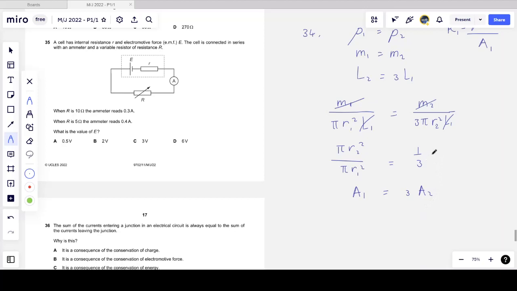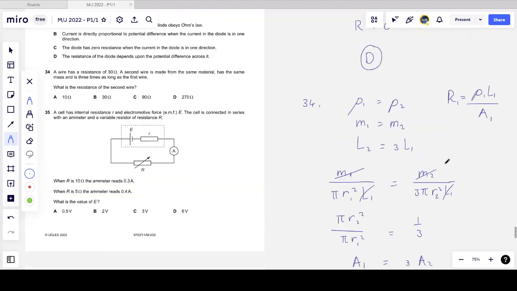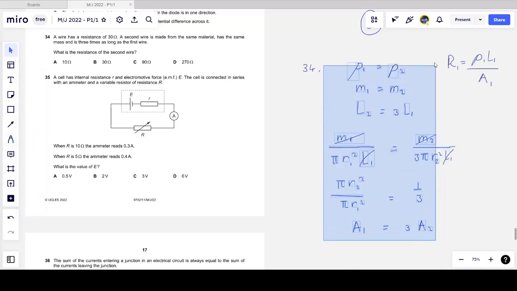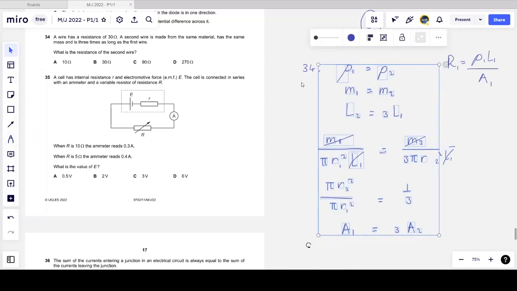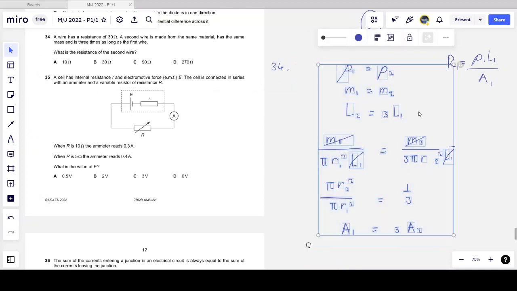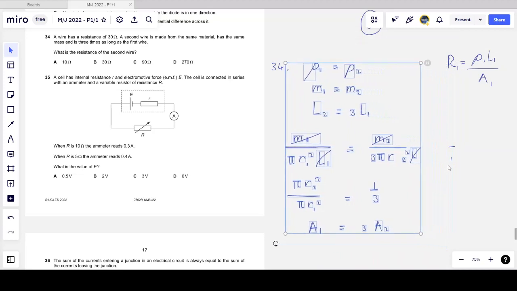It's important because if I go back to the equation that I had, I'm just going to move everything so I can do a calculation side by side.